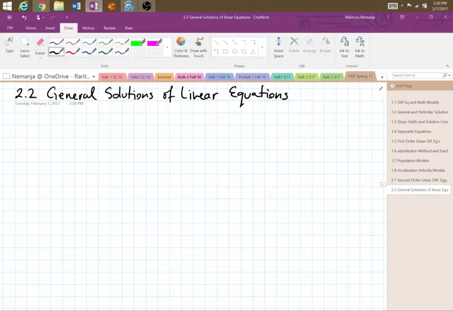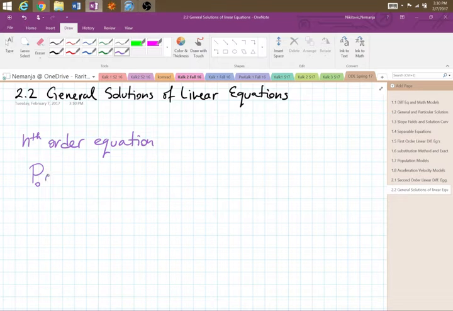Well, actually, maybe I should write the equation first. The nth order equation.